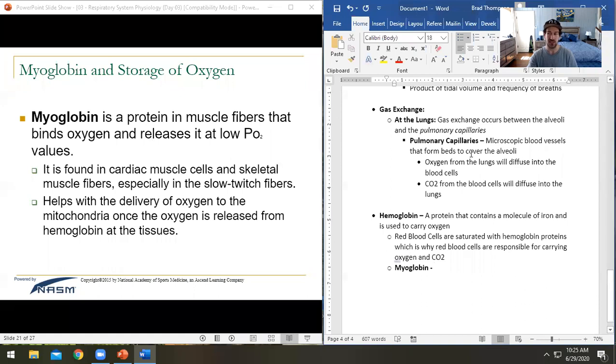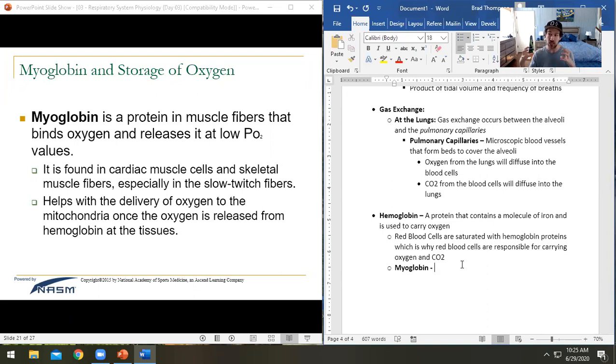But its job is to carry oxygen molecules to your mitochondria. For the most part, other tissues, like your fat cells, for instance, kind of just let oxygen eventually reach them, because fat tissue is a really low metabolic tissue.